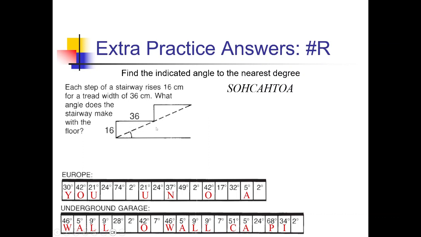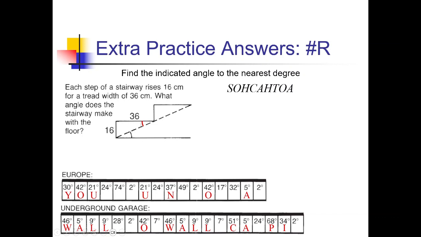However, one thing that we do know, since this stairway line here and the floor are parallel with each other, and they're being crossed by this transversal, that means this angle and this alternate interior angle are congruent, are the same. So if I can figure out this angle in here, which I can because I've got all the info for that triangle, then I can just copy that and that'll be this angle down here as well.